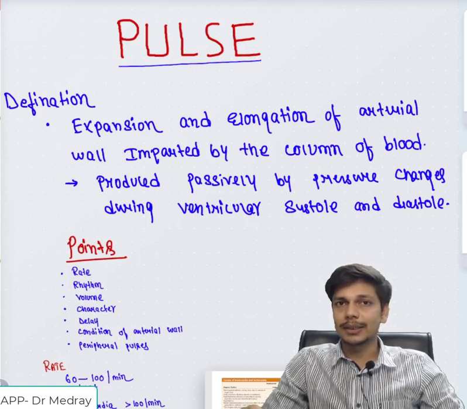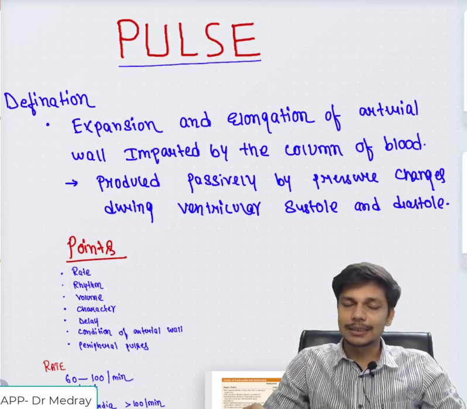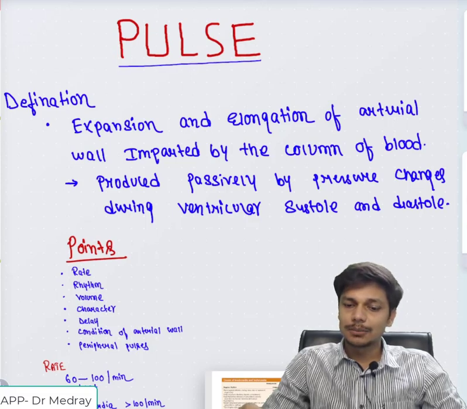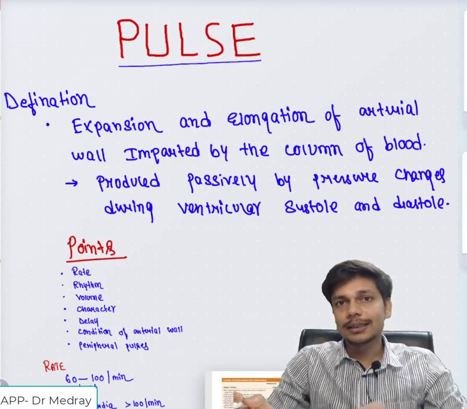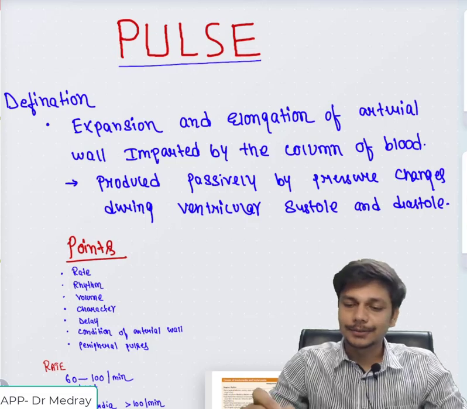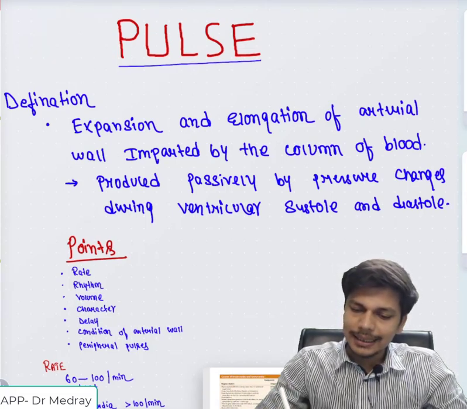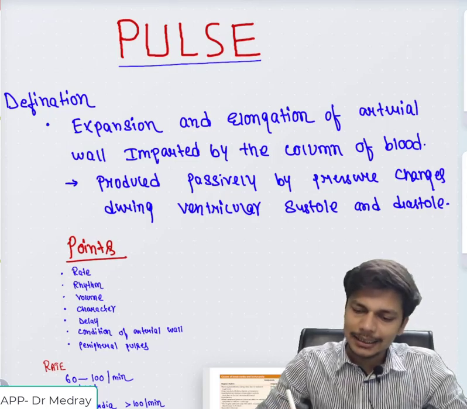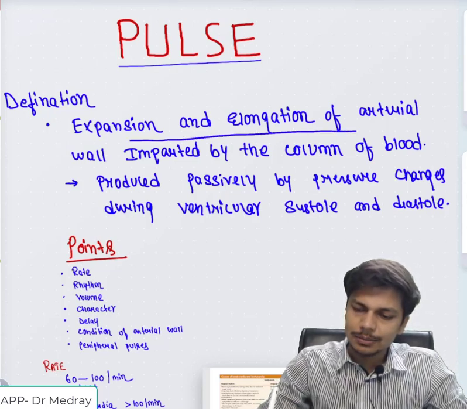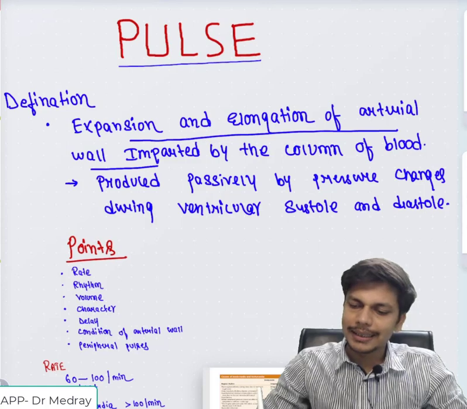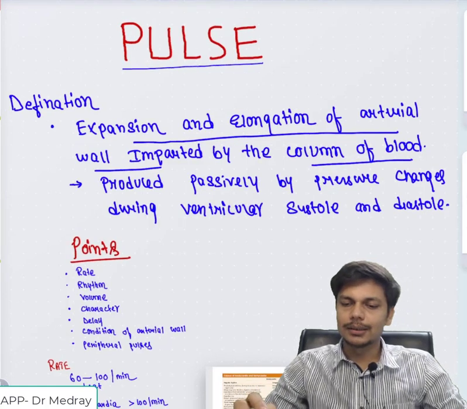So the first component of general examination is the pulse. When you start examining the patient, the first thing you take is the pulse. We will discuss the points we look for in examination of the pulse, but let us first look at the definition. What is pulse? Pulse is basically an expansion and elongation of the arterial wall imparted by a column of blood.